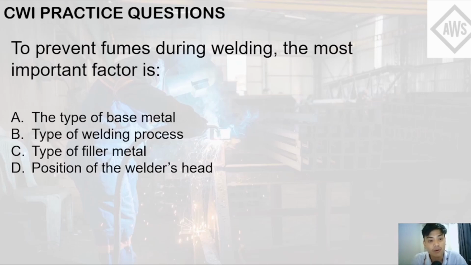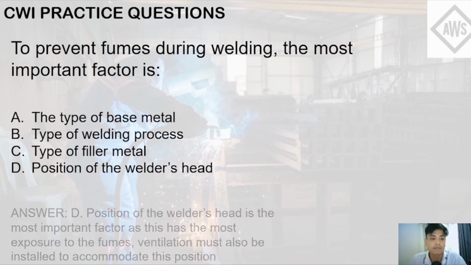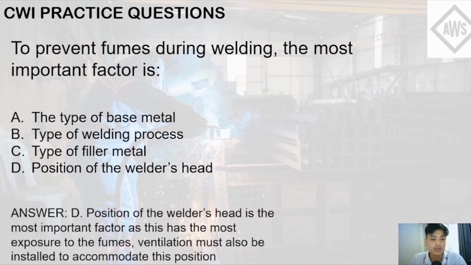That's how important the position of the welder's head is. You need to sample that breathing zone to have a baseline in terms of designing the welder's helmet. So the answer is letter D.